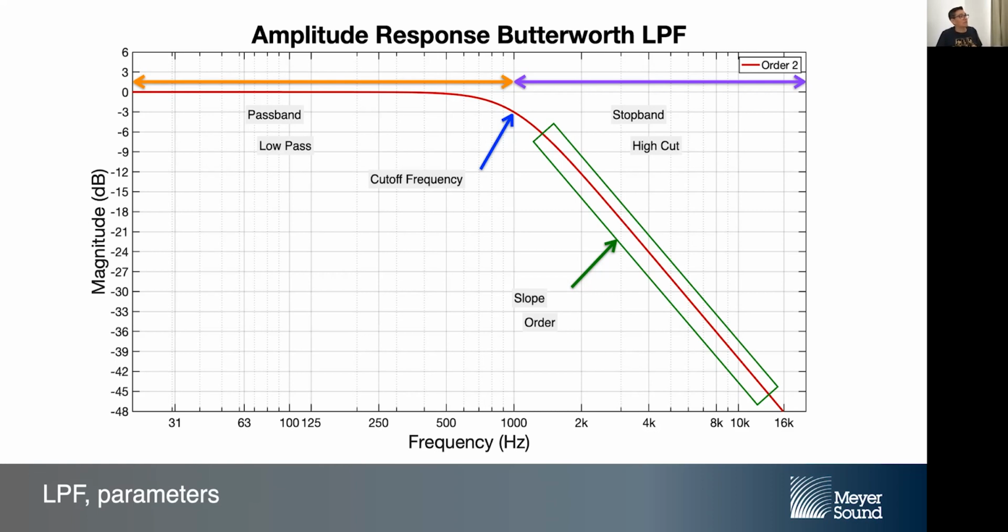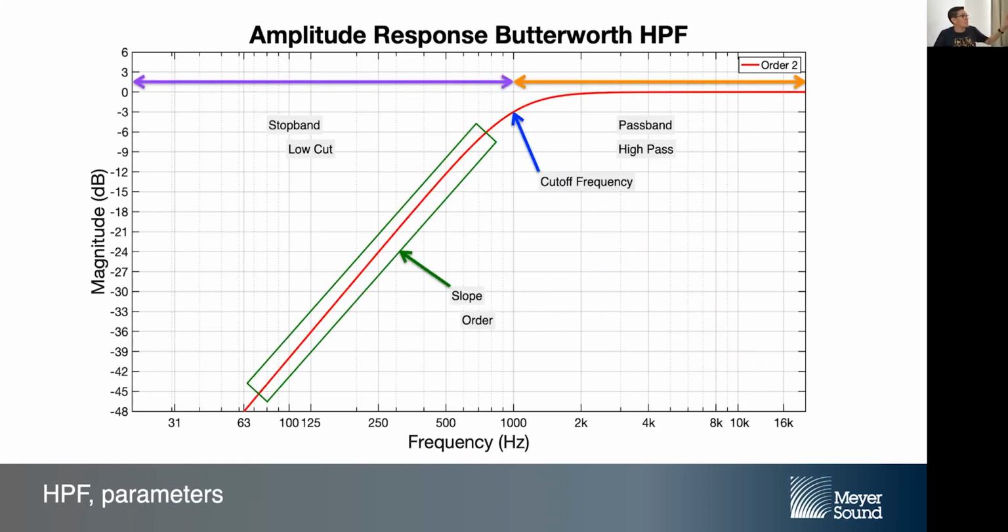From the same reference frequency, we allow to pass those frequencies below. That special frequency is called the cutoff frequency, where we divide these two sections. And of course, as you can see, we have a slope or order that tells you that the frequencies we are going to filter will be decreased in level by the slope, in dB per octave, as we're going to see. We're going to see a high pass filter, but before that, I just want to mention that in the vertical axis we're dealing with decibels, starting from 0 dB near the top, and going +3 and +6 dB.